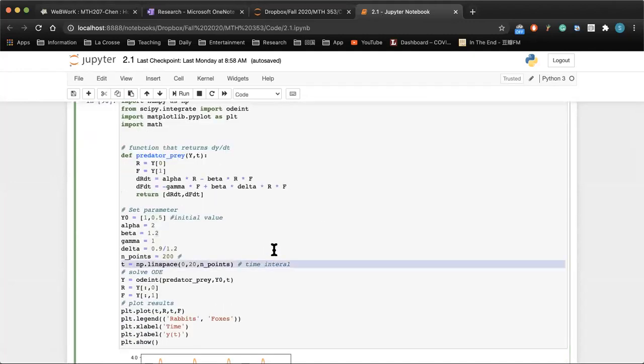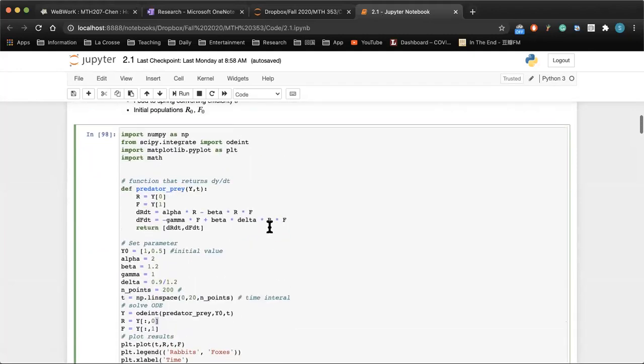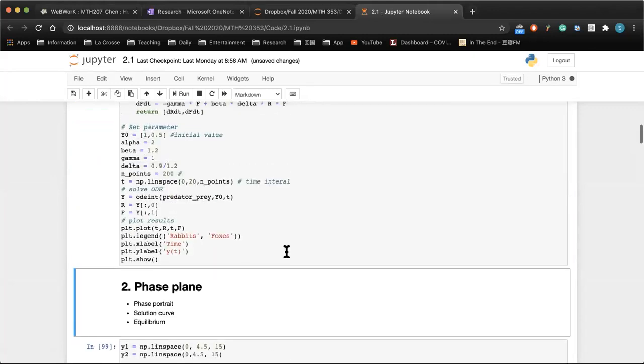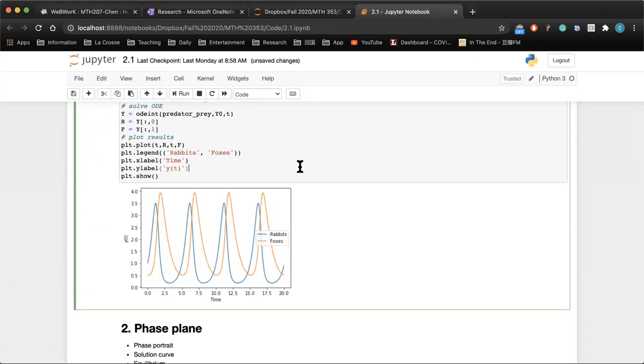I put everything here in the parameters that we just did. Now what we can do is let Python solve it. From here, we clearly see the rabbit population and the fox population grow periodically. When the rabbit population is large, the fox starts to grow really fast. But when the fox has a maximum population, the rabbit actually decays really fast because the foxes capture a lot of them.